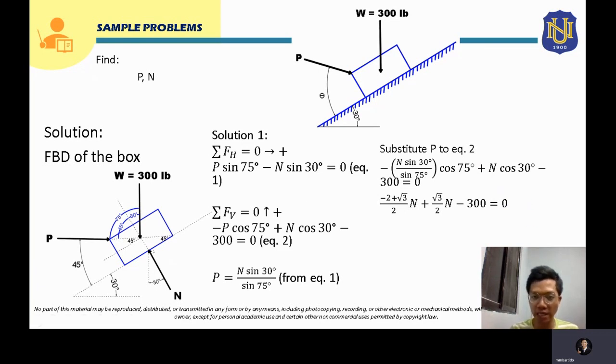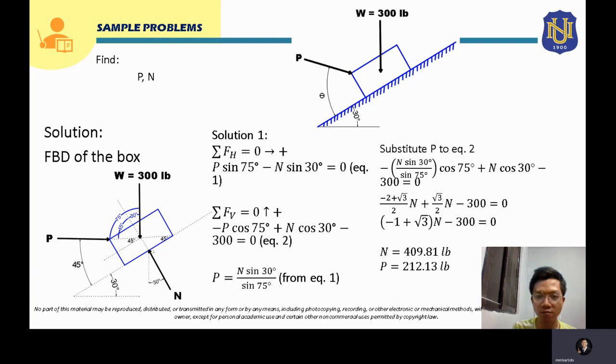Combining the N terms, this will be negative 1 plus square root of 3 N minus 300. Solving for N, that will just be 300 divided by negative 1 plus square root of 3. That will be 409.81 pounds. This will now be the answer for this.